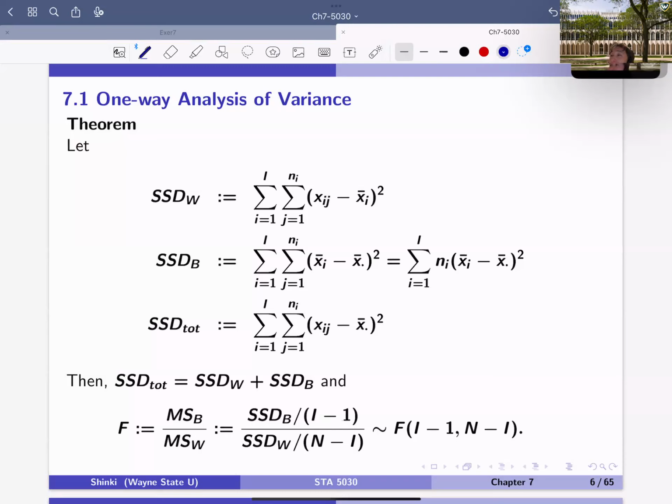So within each group, we have some variability in observations, right? So we have 10 observations in group 1. So those 10 observations have variability. But also, if we calculate the group mean for group 1, 2, and 3, those have some variation, right? And we compare those variations to test if alpha i's are really the same or different.